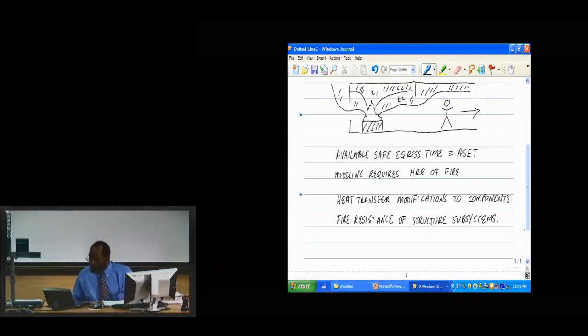All right, so I told you that the details of the flame are less important than the overall transport of the heat and the products of combustion. That said, it's still important to understand a little bit about the details of the flame.